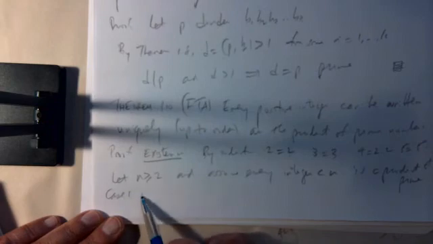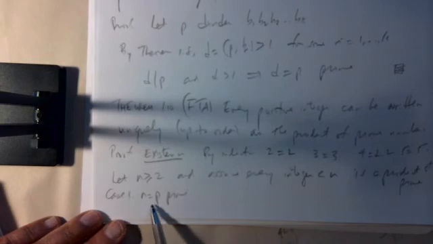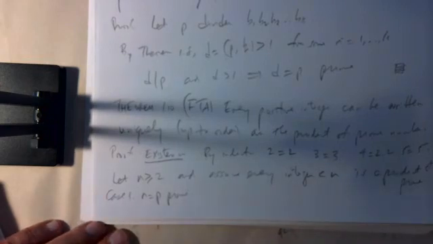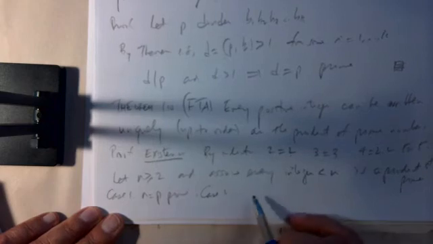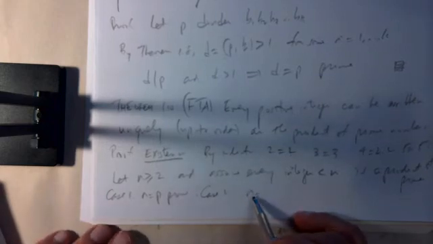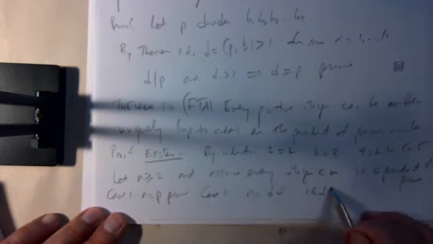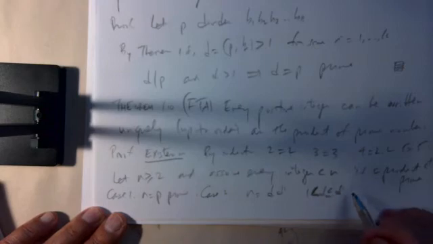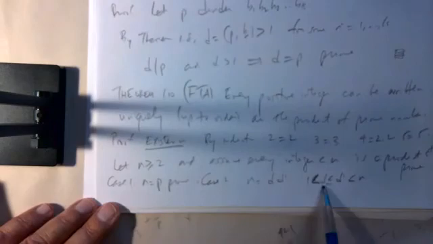Case 1 is simple. N is a prime. You're done. It's a product of 1 prime. Case 2, n is composite. In that case, you can write n as d times d prime, where d and d prime, not necessarily distinct, are strictly between 1 and n.